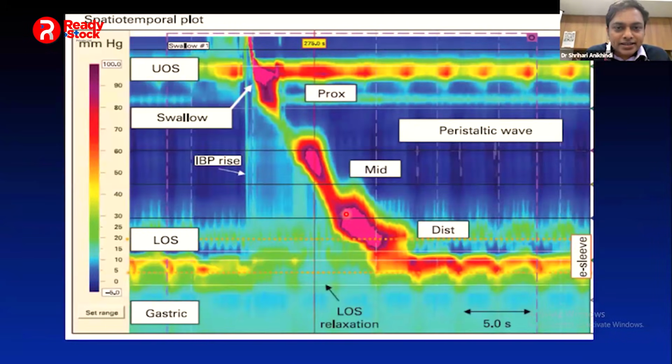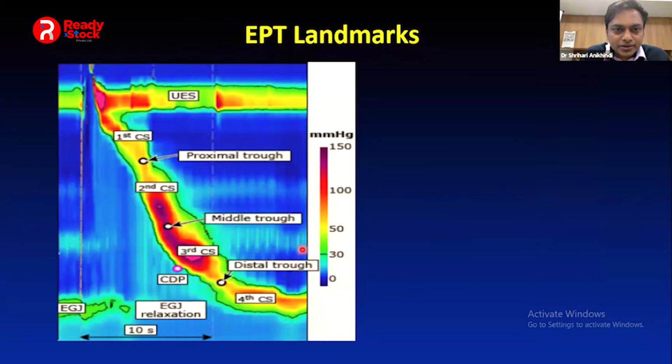Okay. So like in this case, you see the high pressure zone at the top. This is the upper sphincter. You see the high pressure zone at the bottom. This is the lower sphincter. When the patient has initiated the swallow, there will be a break in the upper sphincter. And when the peristalsis reaches the bottom, the lower esophageal sphincter is again relaxing. Okay. So these are the sphincters.